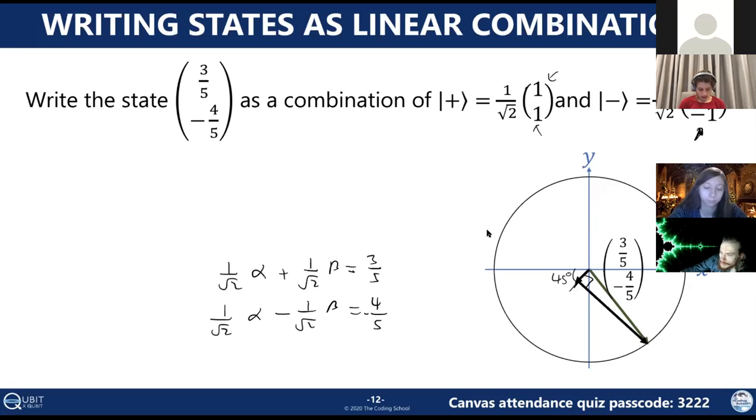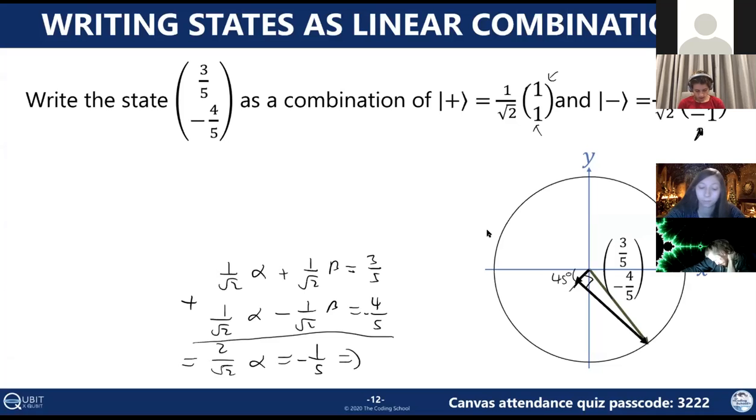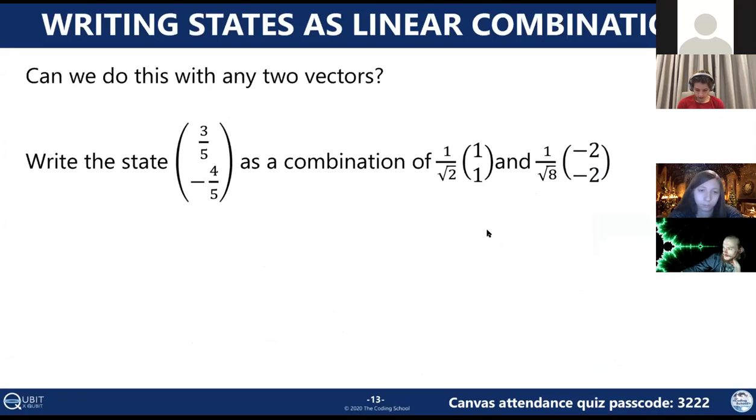And so you can add these together, and this gives us 2/√2 alpha is equal to -1/5. Therefore, alpha is equal to 1/√2 times 5.